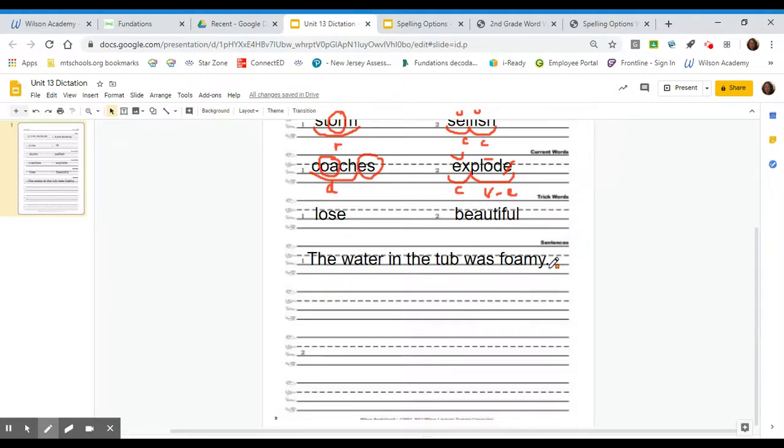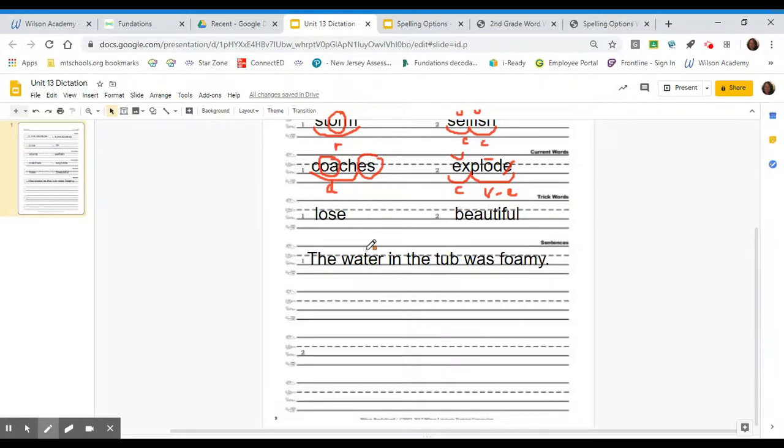Do you have a punctuation mark at the end? Now we can check any unit words. I see the word foamy, which is a unit word. That was a word of the day. Foamy. Now you would be able to check that word in your spelling options section.